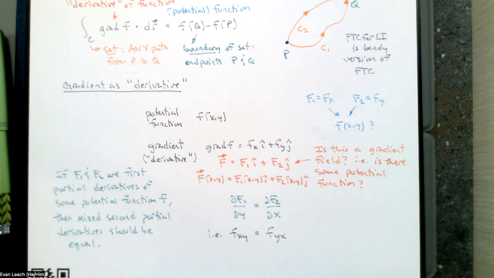If these things are equal, then we can conclude that the given vector field is a gradient field. Starting from a vector field, not knowing if it's a gradient field, by checking to see if the mixed second partial derivatives are equal, we'll find out.